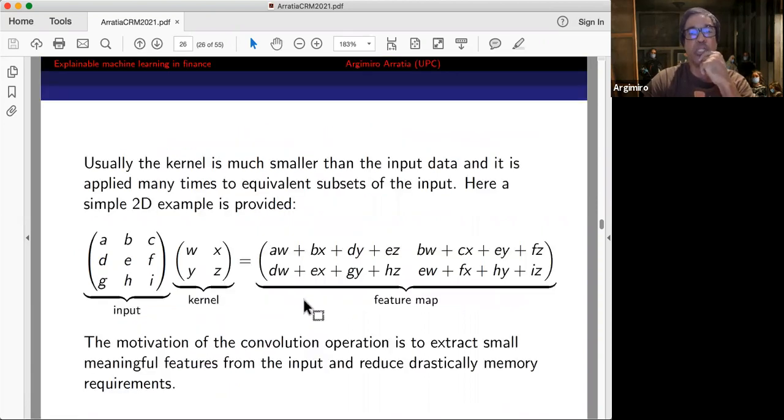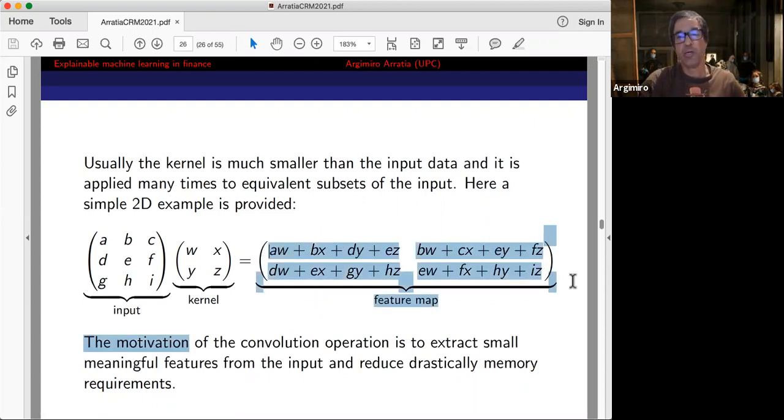Usually the kernel is much smaller than the input data. The idea is that this reduces the number of neurons being used within the neural network, and you apply it many times to get equivalent subsets of the input. So here is an example of a two-dimensional kernel, and how the data gets reduced for the next step, and you get this feature map.